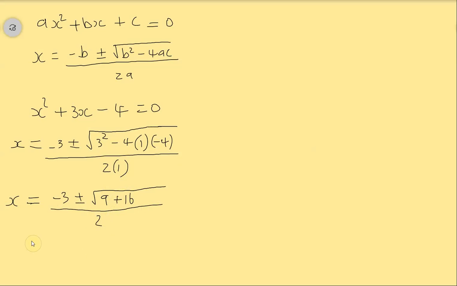Great. Now continue, x is equal to negative 3 plus or minus the square root of, now 9 plus 16, that's 25, that's all over 2.